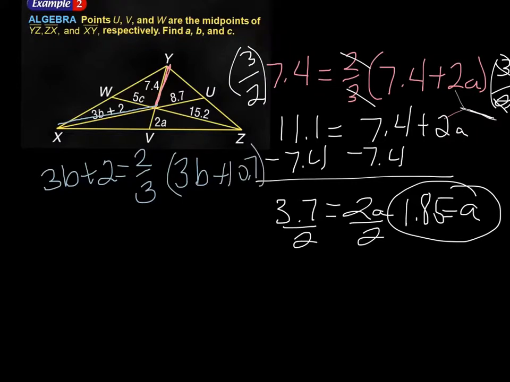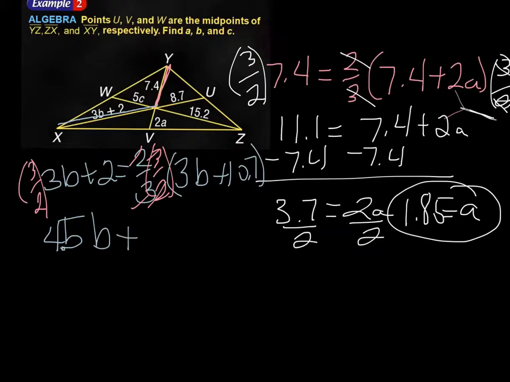And again, let's get rid of the 2/3, so multiply both sides by 3/2. Goodbye. So I've got 4.5B plus 3 equals 3B plus 10.7, writing it by the problem.